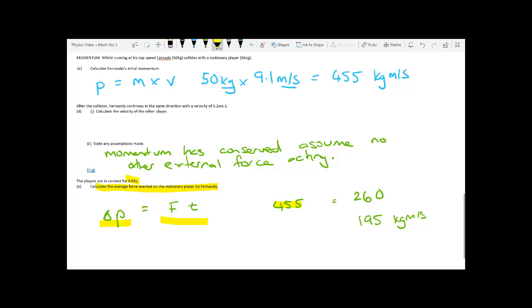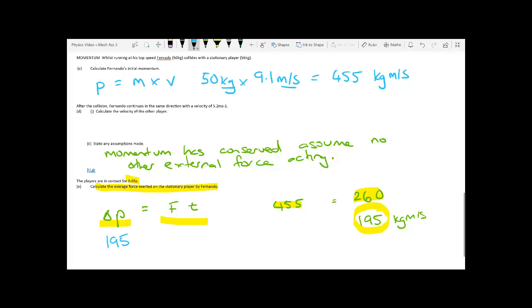So the total momentum was 455, and it still has 260 afterwards, Fernando does, which means that there's been a loss of 195 in terms of change of momentum. So that's a change of momentum. It's important to get that one right, that you're putting the change.